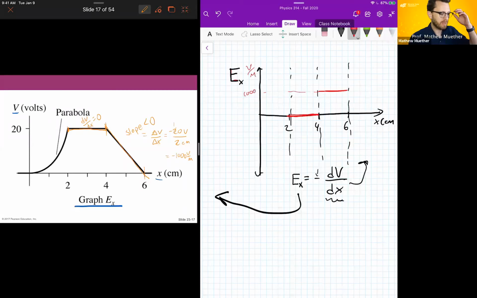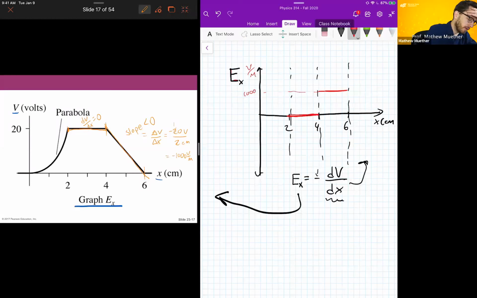What about between 0 and 2? What's happening? Is the electric field positive or negative between 0 and 2? What's happening to the sign of the electric field between 0 and 2 centimeters? Is it positive or negative? What do people think?